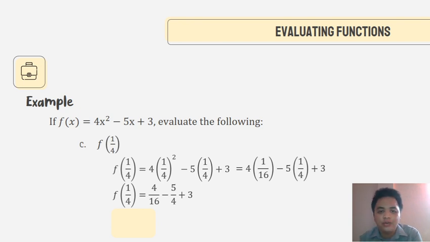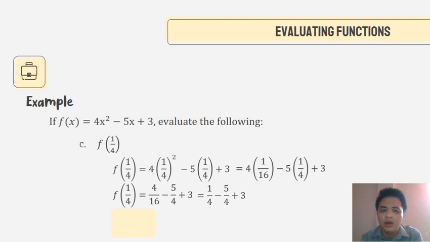And then, for our next step, observe that 4 over 16 can further be simplified. Kaya pa siyang pasimplehin. Magiging ano siya? In lowest term, magiging 1/4. So, equal siya sa 1/4 minus 5 over 4 plus 3. Okay?